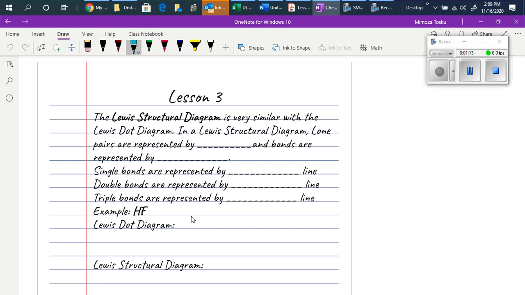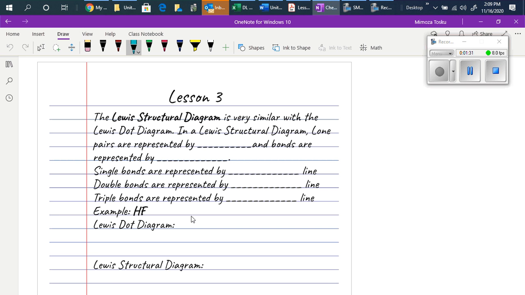We saw the cases where there was not only one central atom in the molecule, but multiple central atoms, and then we saw how to draw the Lewis dot diagram for polyatomic ions.